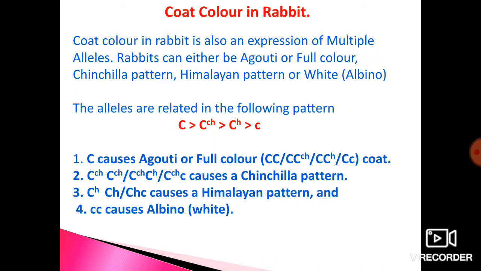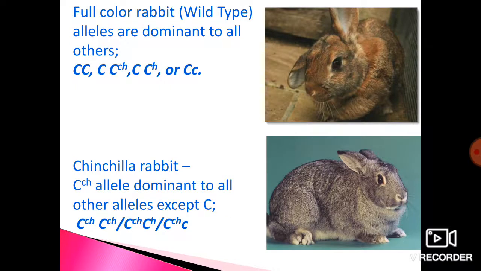And what we can have is either C^h C^h or C^h c. That would give us a Himalayan pattern. And only when all of those capital C's are absent, and in both the loci of the same gene the alleles are small c and small c, the rabbit will be white without any color, and we will call it the albino. That means colorless.